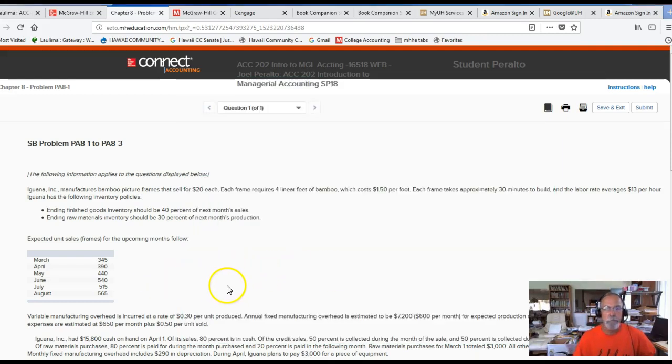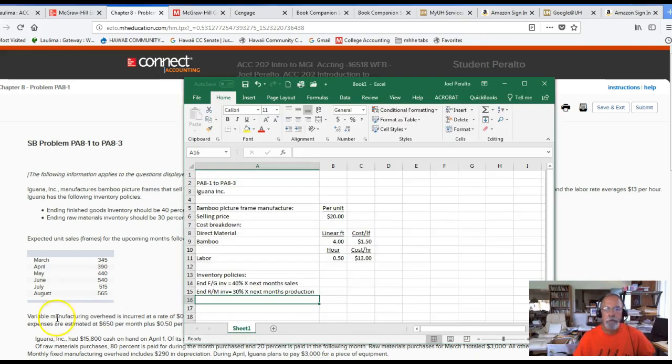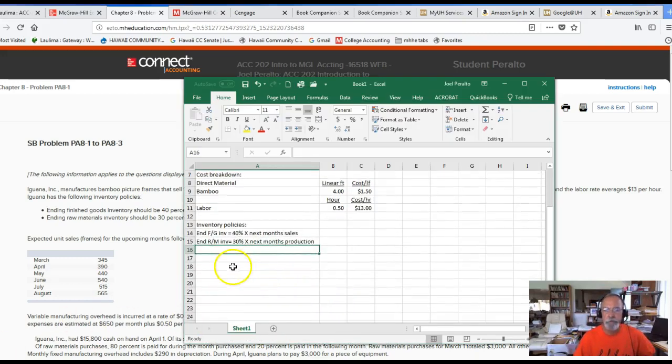And then I think it might be a good idea to recreate this information here on the spreadsheet. We'll probably have to use at least some of it. So expected unit sales in frames.